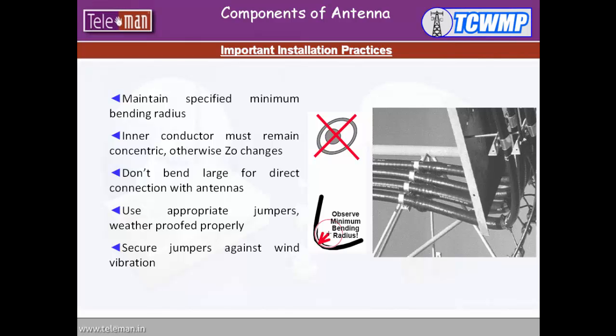We already discussed in the previous slide that transmission lines are connected to the antenna with the help of jumper cables. Similarly, at the BTS end, transmission lines are connected to the BTS with the help of jumper cables. Secure jumpers against wind vibration, so that because of wind load they should not move here and there. If they move, characterization will be lost, which will lead to VSWR.